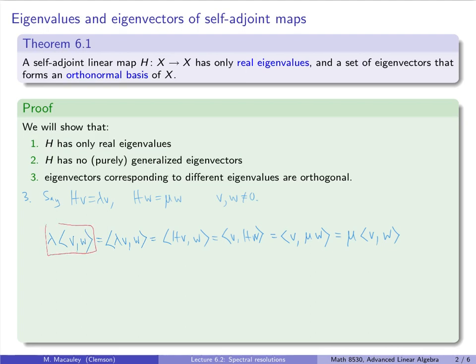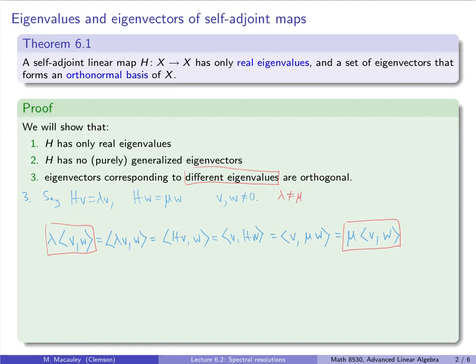And once again, I'm going to compare what I have right here. So we have lambda times v dot w equals mu times v dot w. Oh, and I forgot to emphasize that these are different eigenvalues, so I should specify that lambda is different than mu. So if lambda and mu are different, that means that v dot w has to be equal to 0.